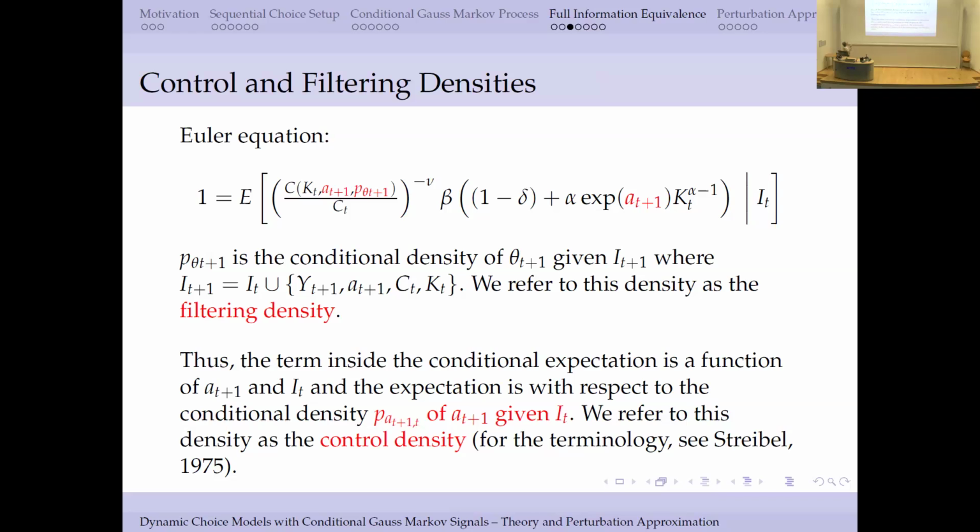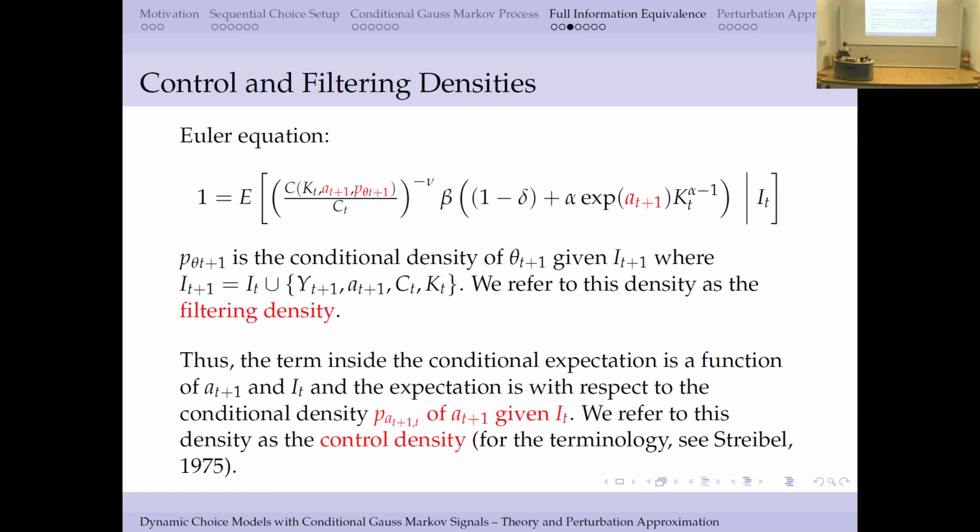Then we inspect very carefully the Euler equation, and we realize that the arguments of optimal consumption, which in the general case are these posterior distributions of our latent variables given the observed information, and the distribution that you need in order to calculate this conditional expectation, right? So what is in this information set and what is the conditional distribution that we need in order to evaluate this conditional probability?